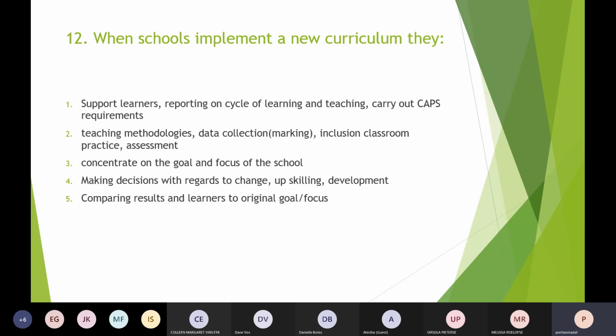All right, if you look at number 5, do you think number 5 will be a suitable answer? I think it can be, because if you're comparing the results from the curriculum that you have and the one that you want to implement, if you're looking at the two and comparing the results and the goals that you want the students to focus on.